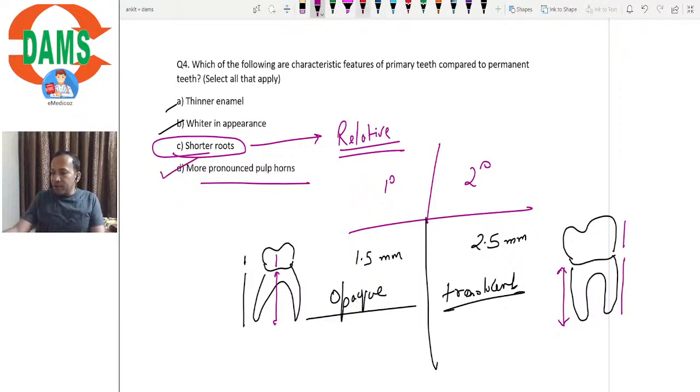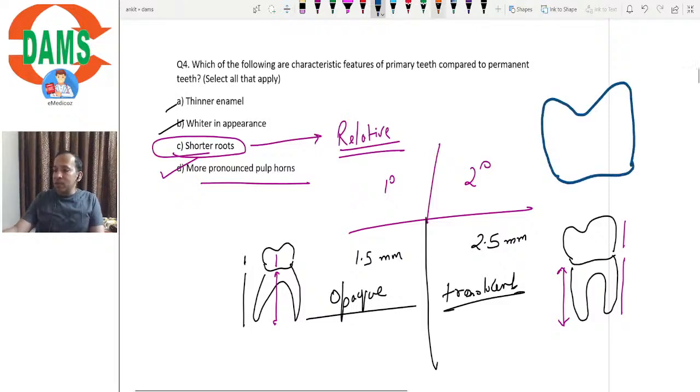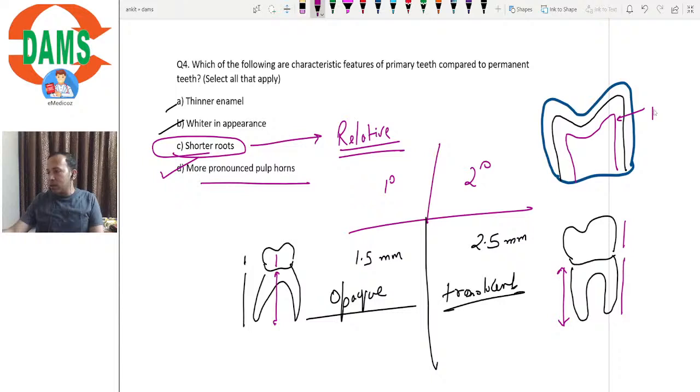Option D, more pronounced pulp horns. Again, when you look at the primary teeth, we have already discussed that the enamel is of uniform thickness and it is thin, isn't it, at 1.5 millimeters. The dentine is also thin, and when the dentine is thin, the pulp horns will be higher, isn't it?